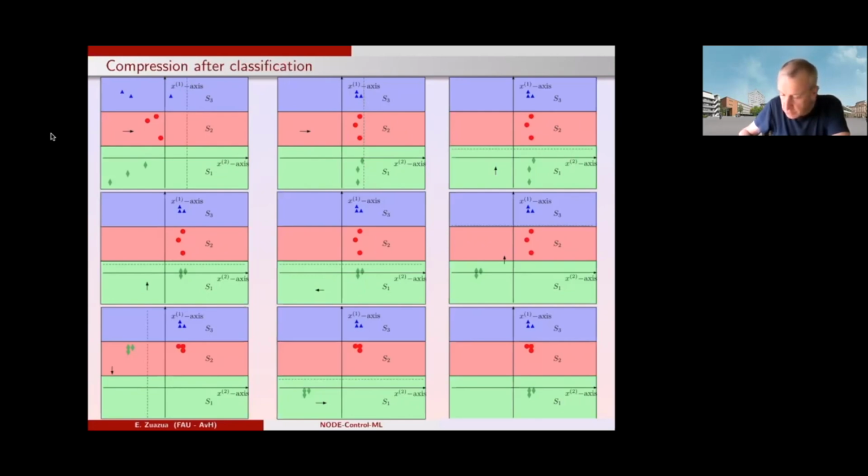And then push the southern hemisphere to the north, while the northern hemisphere is frozen, and then all these green points will pack, right? And once this is done, I could now take this horizontal line here and push the southern hemisphere to the north, and then the red ones will pack also.